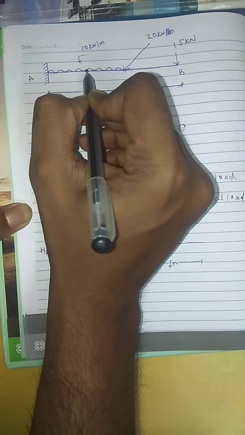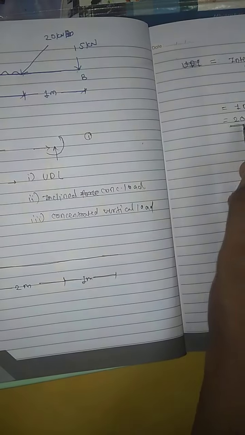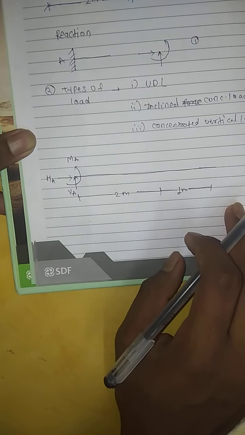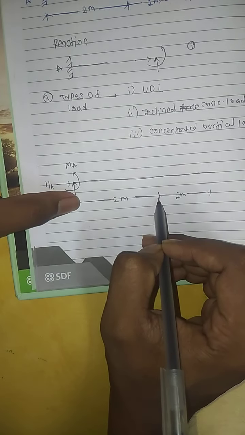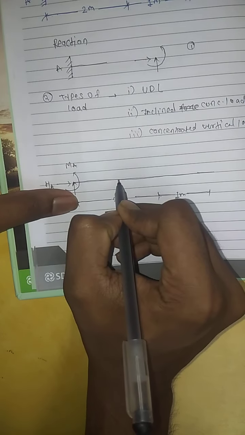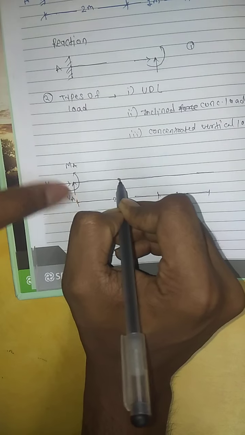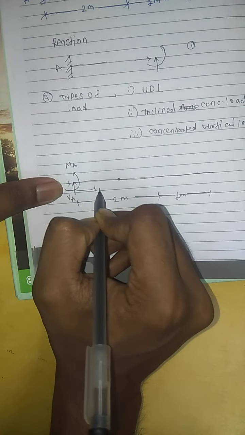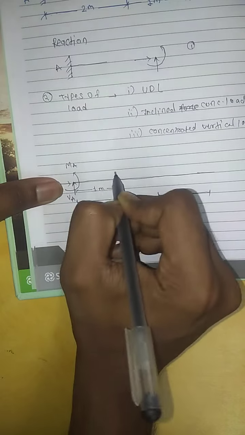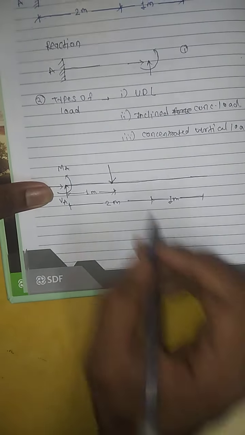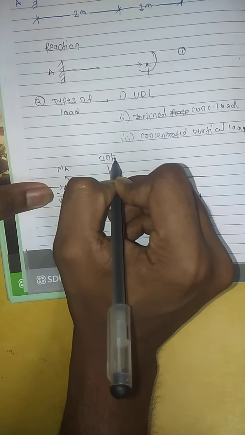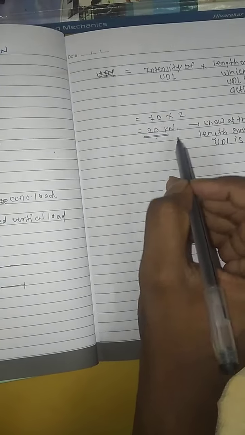This is 2 meter, then at the center you have to show this 20 kilonewton. So I am drawing here a separate free body diagram where I have shown the fixed support. Now this is 2 meter over which UDL is acting, so at this point, let's assume this point is at 1 meter, you have to show one point load of 20 kilonewton. That 20 kilonewton, this is the way we have calculated.